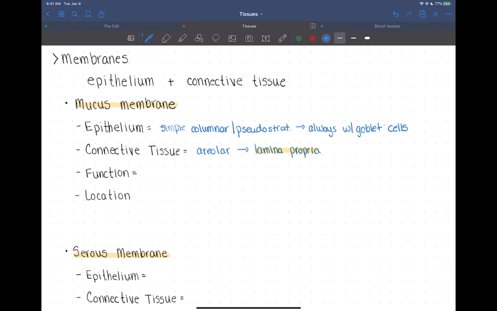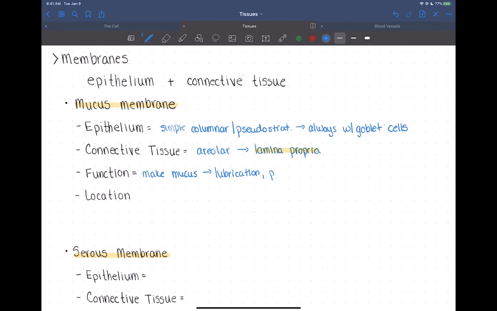The function of these mucous membranes is obviously to make mucus, right? That can be important. The digestive system has lots of mucous membranes, so that can be for lubrication. It can also give protection. In the stomach, there's a lot of mucus lining the epithelium to protect from that stomach acid.